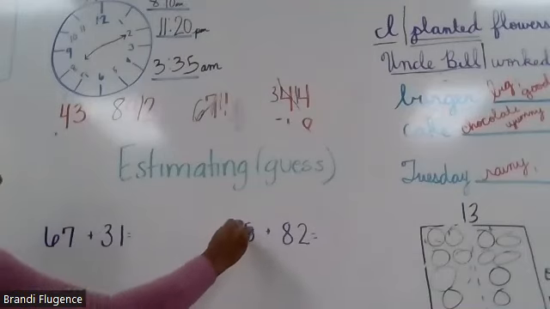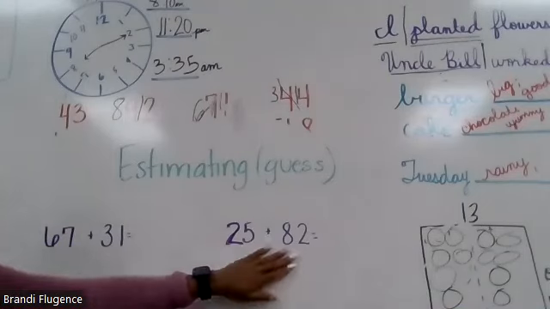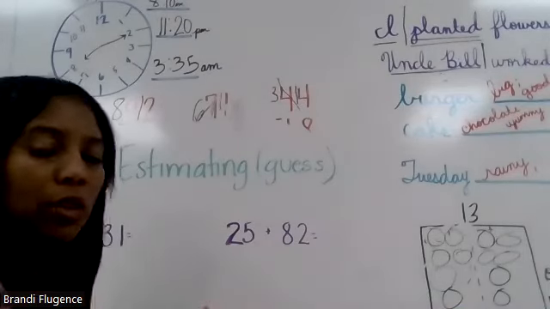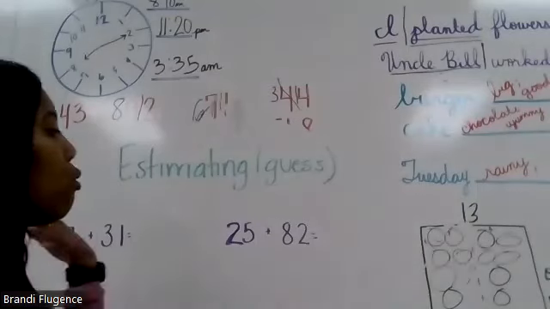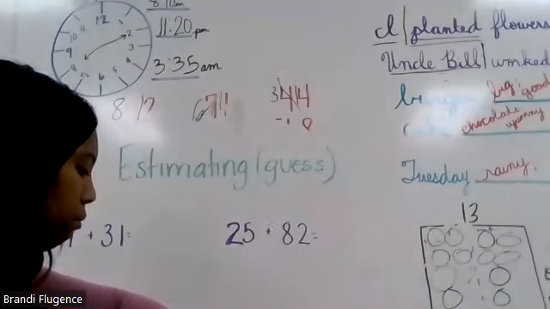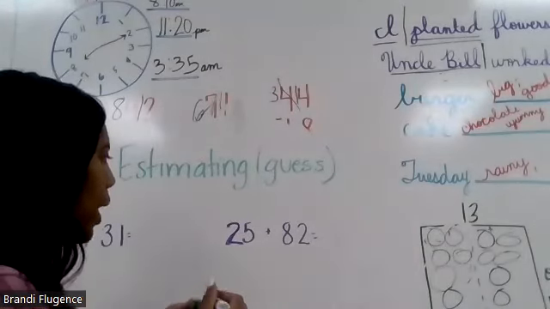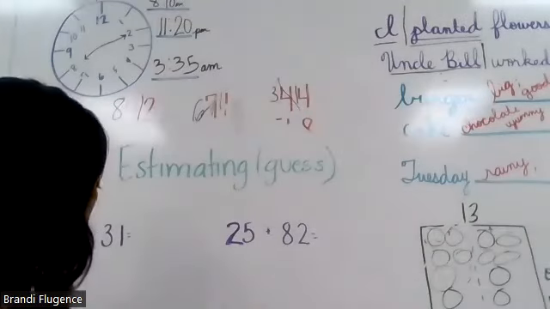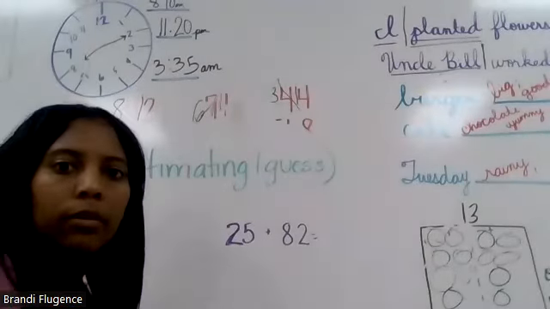So what we're going to do is estimate a sum. A sum means the answer. For example, I have 25 plus 82. We estimate by rounding the numbers.